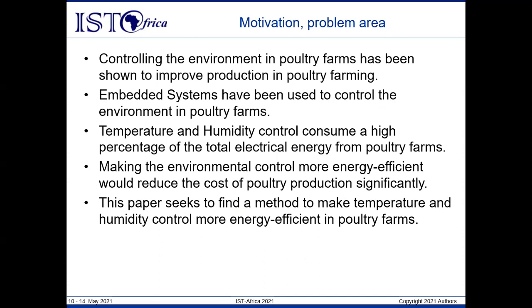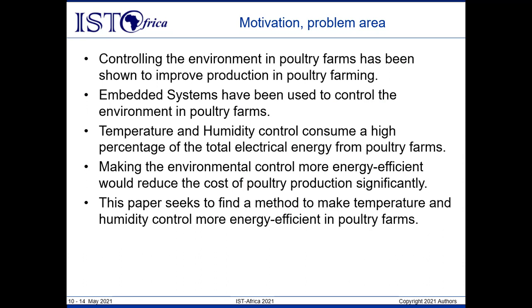But aside from all the other parameters that can be considered, we found that temperature and humidity control consumes a very high percentage of the total electrical energy used in poultry farms. So making temperature and humidity control more energy efficient would end up reducing the cost of production significantly, since it consumes a very high electrical energy.